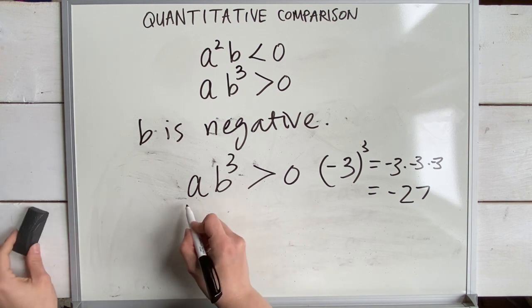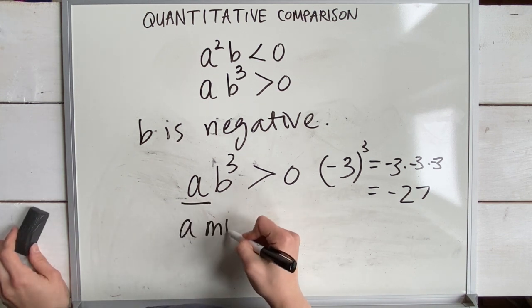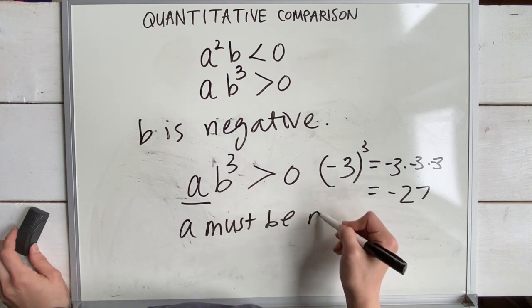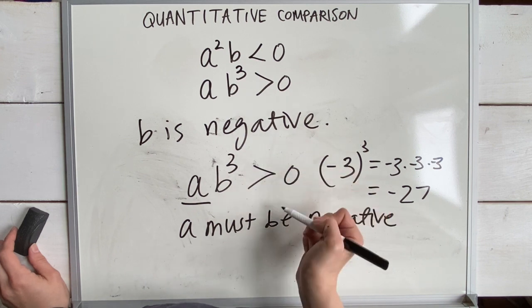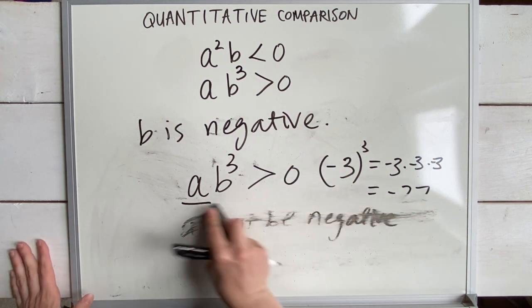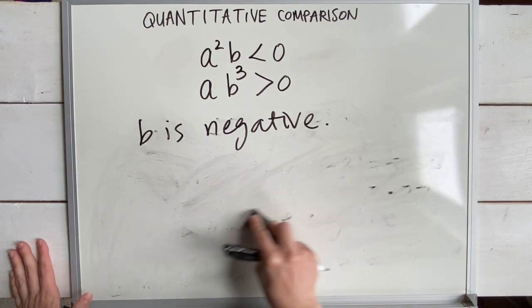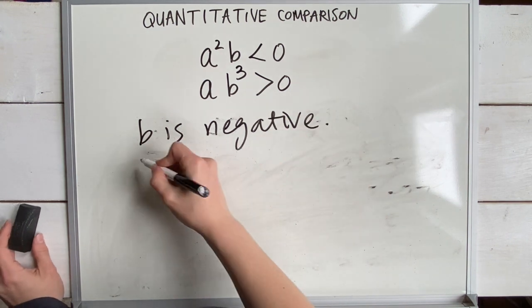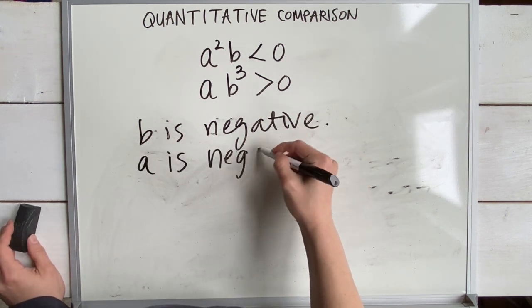Great, so that means that A has to also be negative in order for A times B cubed to be greater than 0. Awesome. So I'll just write up here our takeaway information from that stuff we got at the beginning. A is negative, B is negative.